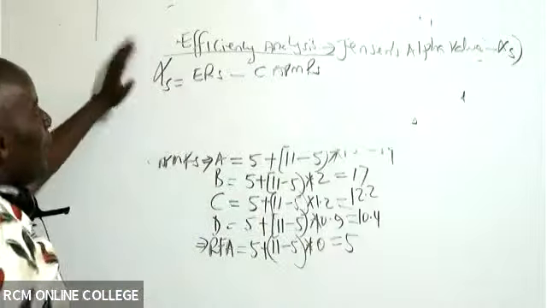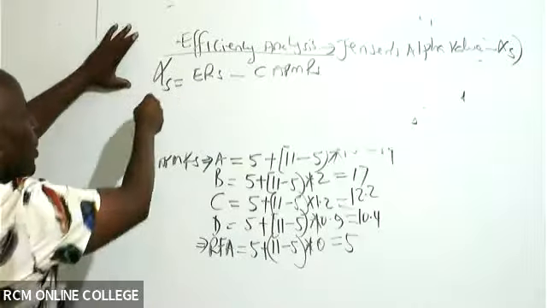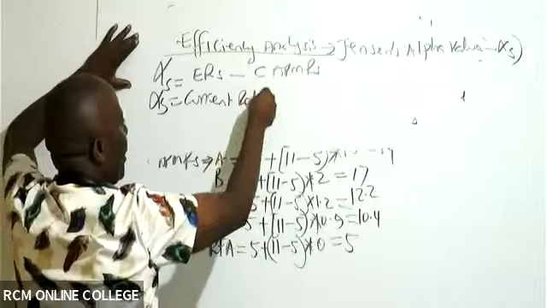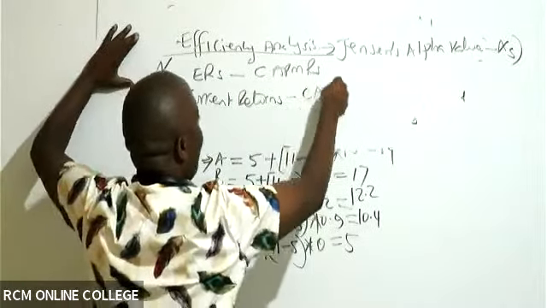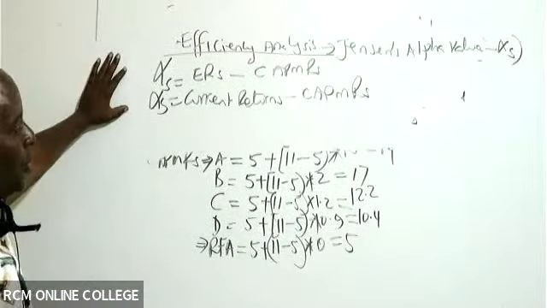You can as well use actual, like in this question, they gave us current returns. So you can use current returns minus CAPM returns.